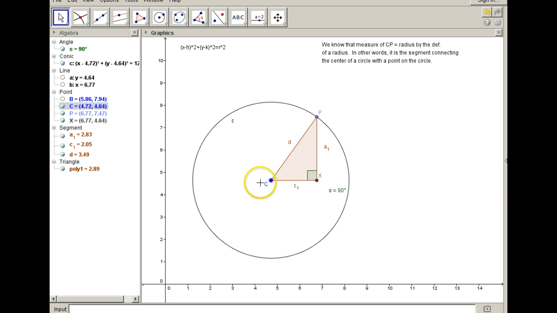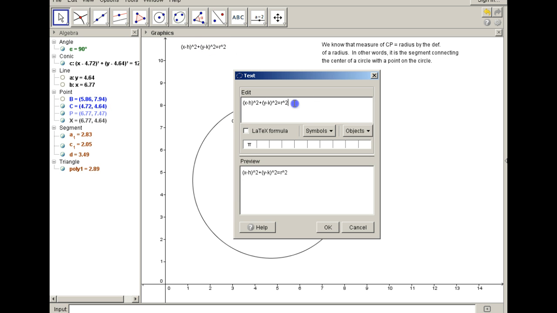I don't want to do that. I don't want it to be just because it's here. So we use a, oh, I forgot something else on here. This is where r is equal to the radius and h, k are the coordinates of the center of the circle. So this is the formula.